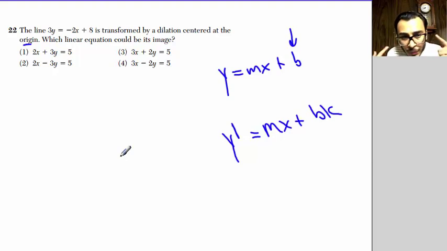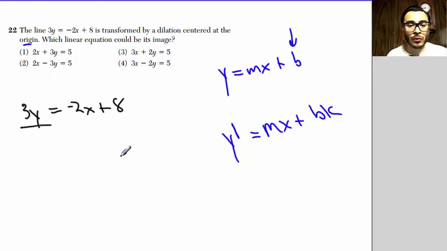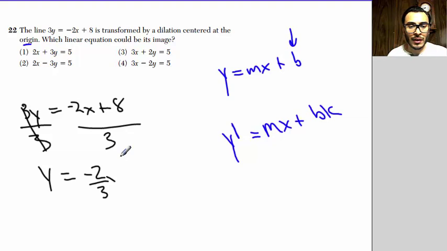So let's tackle this question with that knowledge. We started off with the line 3y equals negative 2x plus 8. Let's put it in y equals form. We get y equals negative 2/3 x plus 8 over 3.